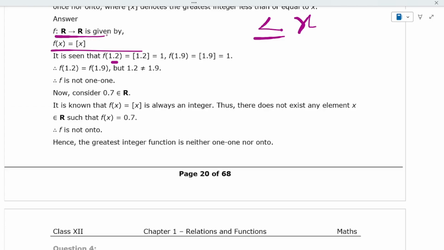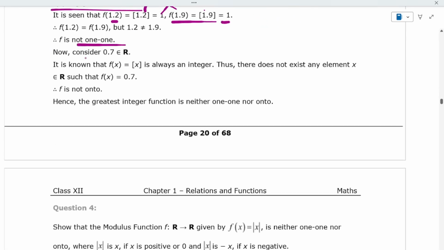Because they are rational numbers, you take 1.2. 1.2 has greatest integer 1, and 1.9 will also be 1. So you are considering 1.2 and 1.9, they both are not equal, so you say that it is not one-one.